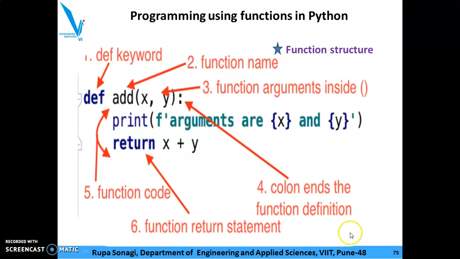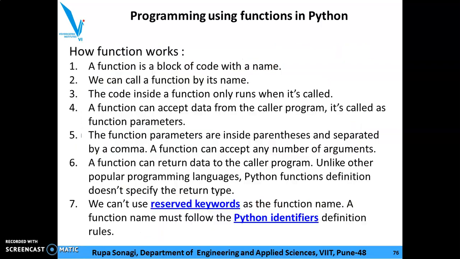Fourth is a colon. Colon ends the function definition. Fifth is the function code. This function code is written with indentation, which says that it is a part of the function, or the body of the function. And sixth is the function return statement, which indicates the result of that function.